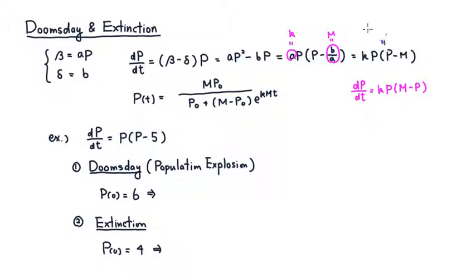If you write it as negative K, P times the quantity M minus P, this is a logistic equation with K replaced by negative K. So the solution, the population function, is going to look like that. And you notice that here there is no negative sign, whereas for the logistic equation you have a negative sign.